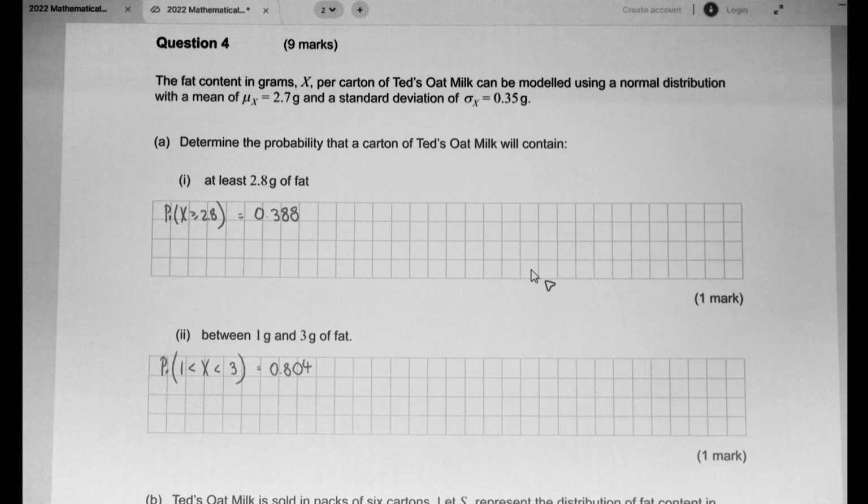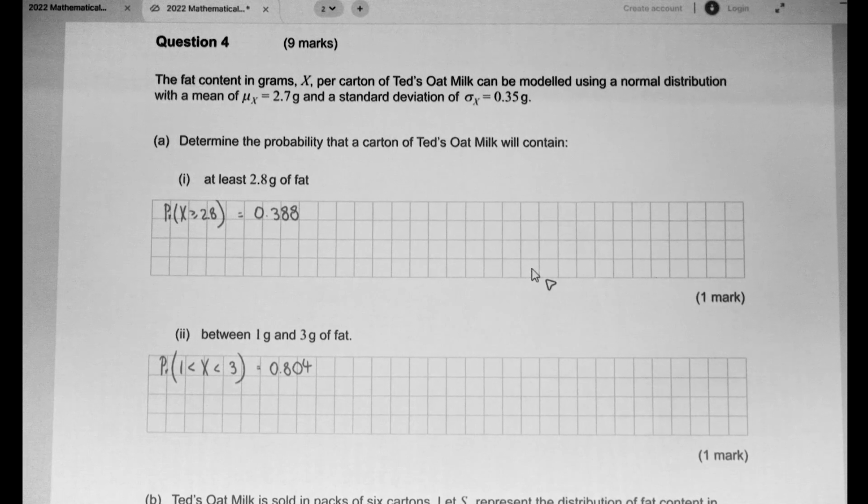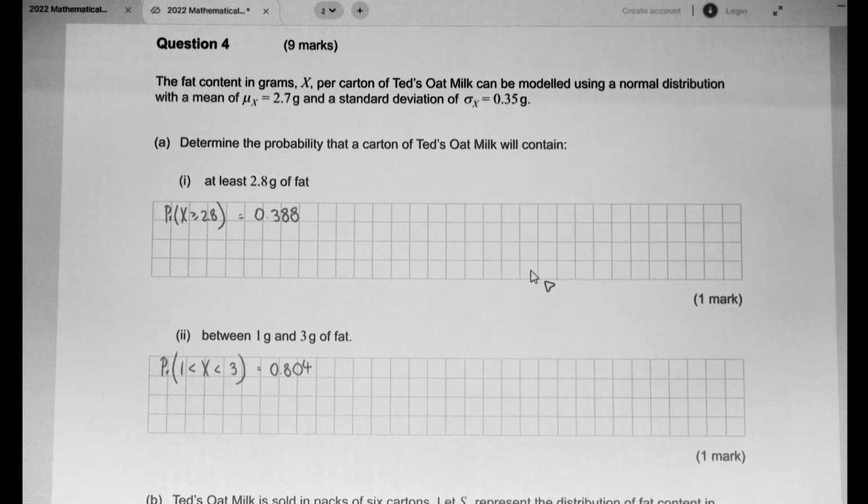For these few, they're a 1 mark question, so it didn't matter, but sometimes there's 2 marks allocated for one of these, and if they've put the right distribution down and the right probability statement, we know that they know what's going on. They may have fumble-fingered their calculator, so they lose the 2nd mark.